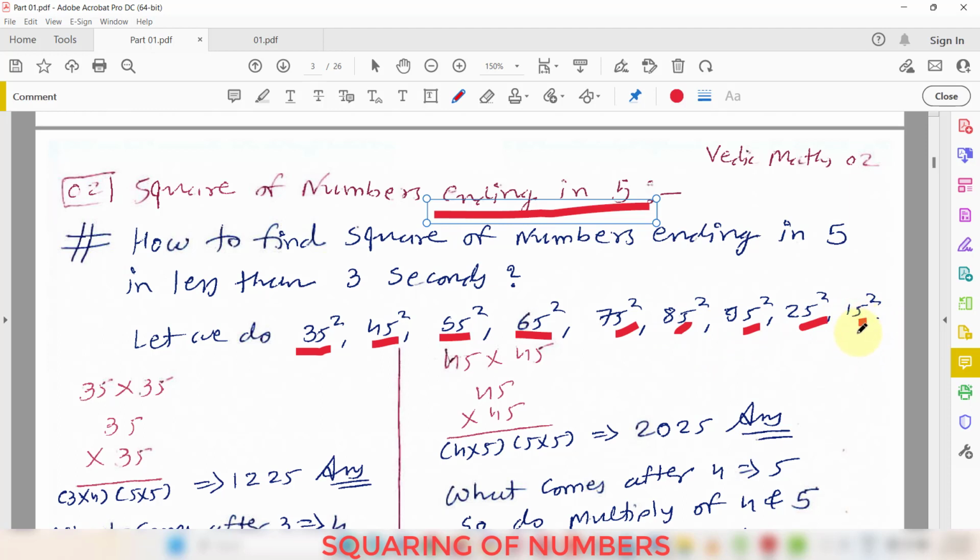So how do we find the square of numbers ending in 5 in less than 3 seconds? Let's say somebody gives you the square of 75: within 3 to 5 seconds you should be able to give the answer. So that's the way I am going to share with you.